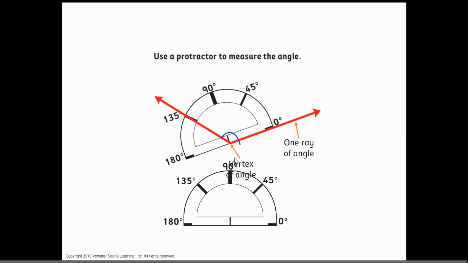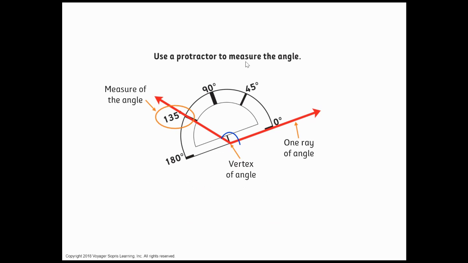So you want the vertex of the angle to fall right in the middle at the bottom part, kind of where we were starting when we were drawing our angles. After we get that right in the same spot, we can see that this angle has a measurement of 135 degrees. We'll do more practice with this in person with real protractors, but I just wanted to introduce this to you guys so that you could work on the assignment and understand angles.